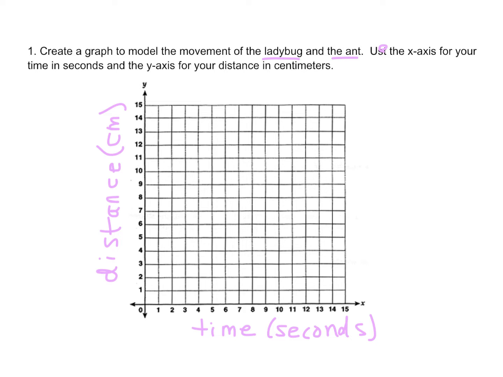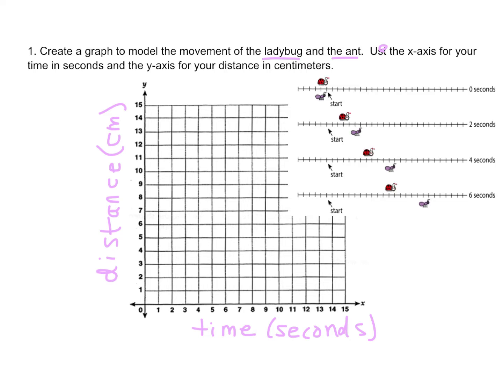Okay, so now we're going to use our data and plot our points. I'm going to make my ladybug in red, and I'm going to start with that information. I'm looking back at the chart that we started with. At 0 seconds, the ladybug is at 0, so I'm going to put a point at 0.